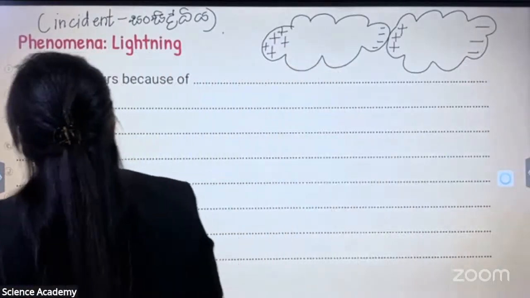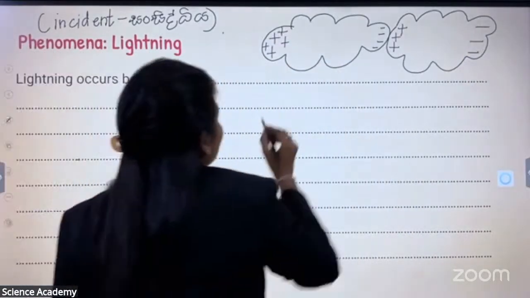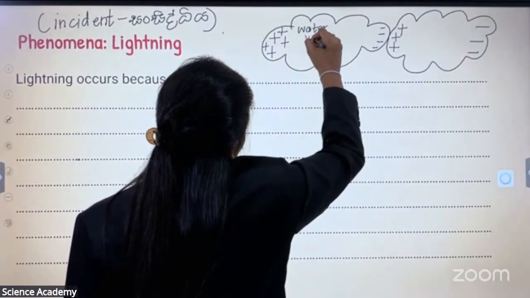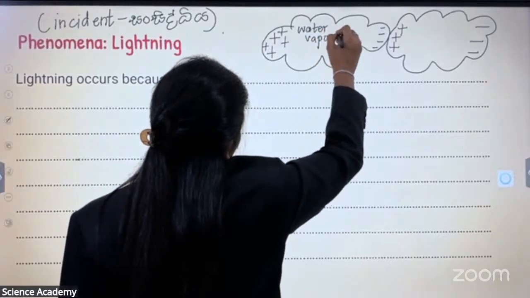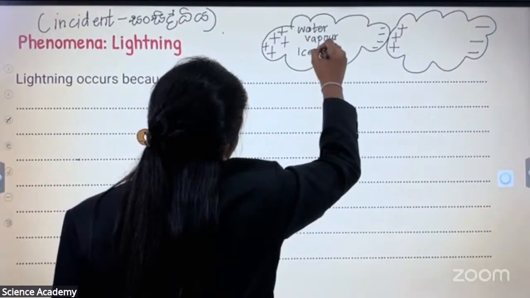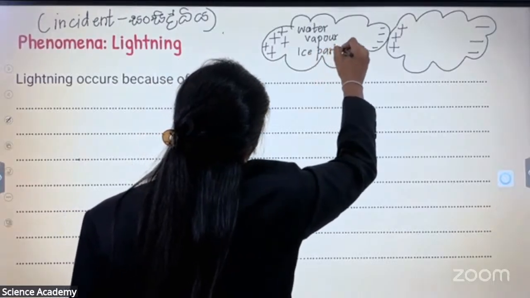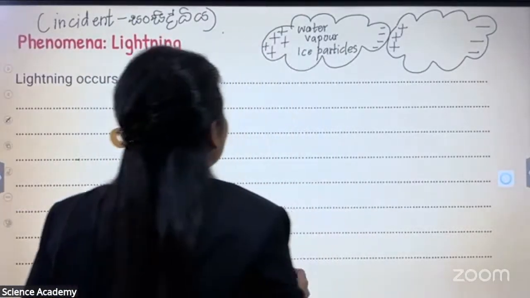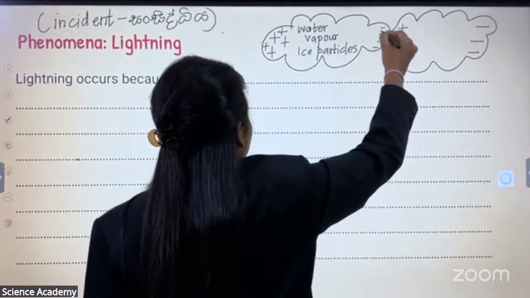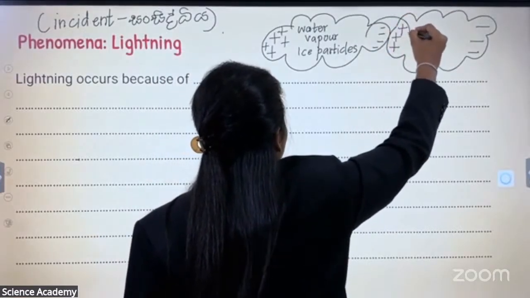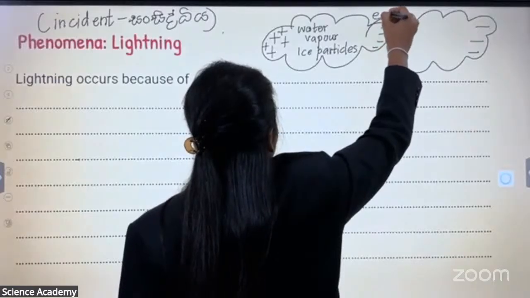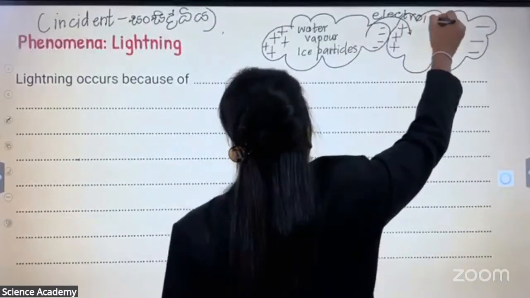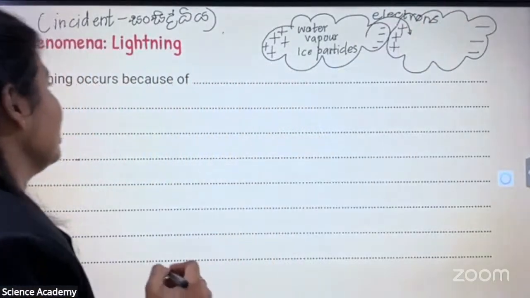Okay. Right. So you know that this includes water vapor, ice particles, right? So then these are rubbing each other and then discharging electrons, right?